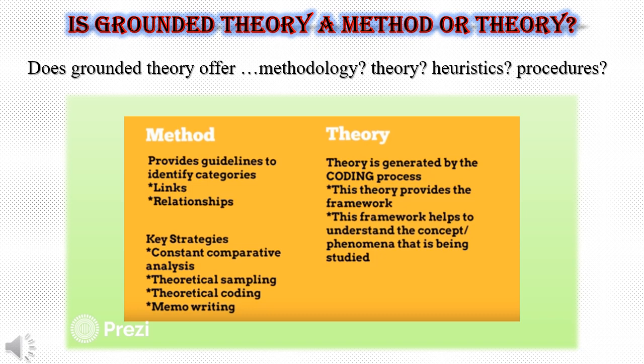So you do go for coding, but as a matter of fact, the purpose of coding is to provide a framework for the theory. And when you have that framework, it becomes easy for you to understand the concept. So in that particular framework, you are in a position to understand that phenomena.